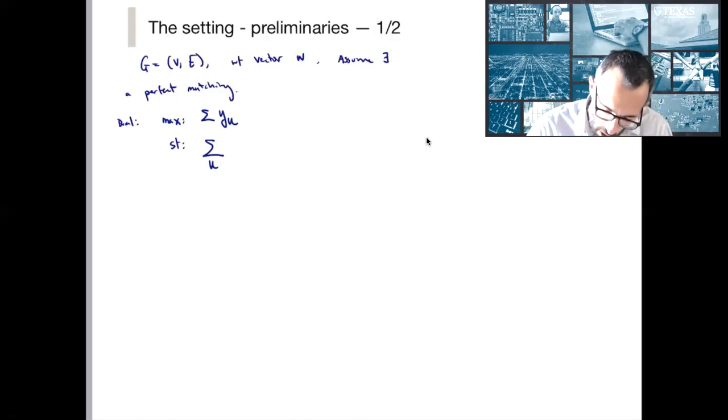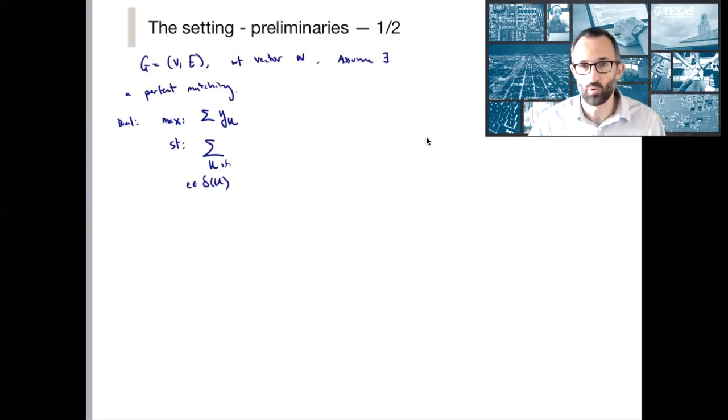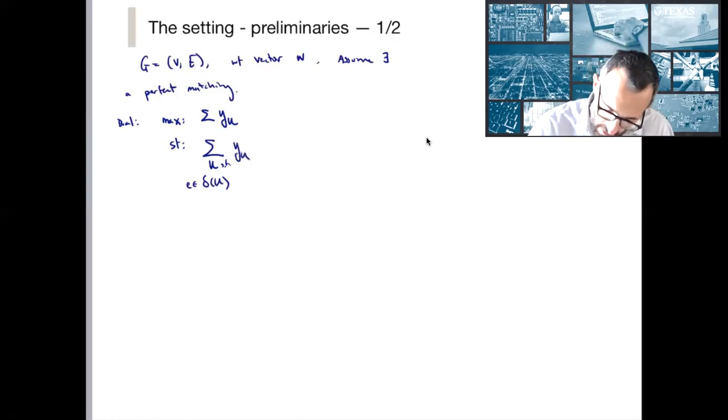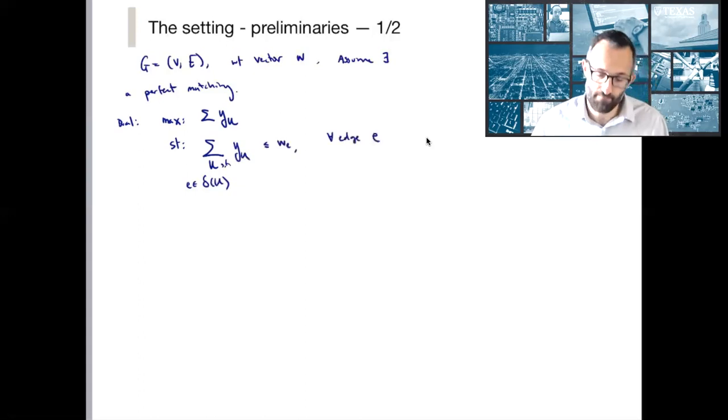So it's a sum over all of these u, and I won't always write that u has odd cardinality, but it should be understood, such that an edge is contained in delta of u. In other words, there's an edge with an endpoint outside of u and an endpoint inside of the set u. This has to be less than or equal to w_e for every edge e.